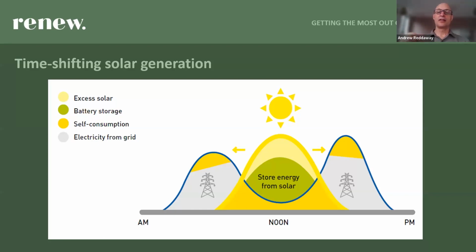And then in the evening, you'll be drawing electricity from the battery and using that to power appliances in your house automatically. So the system will be operating to try and minimize imports from the grid and minimize exports to the grid. So you're self-consuming your own energy as much as possible.